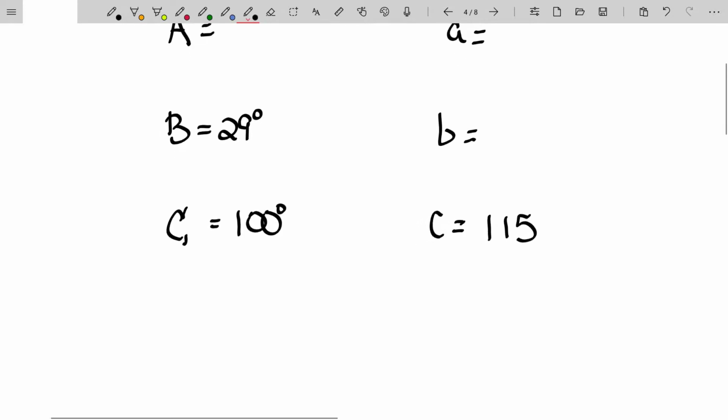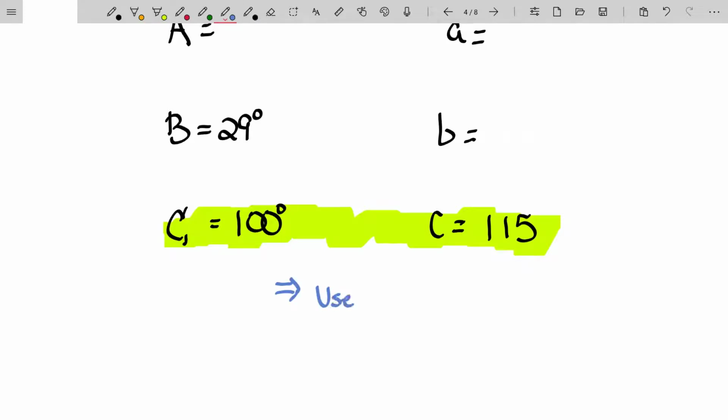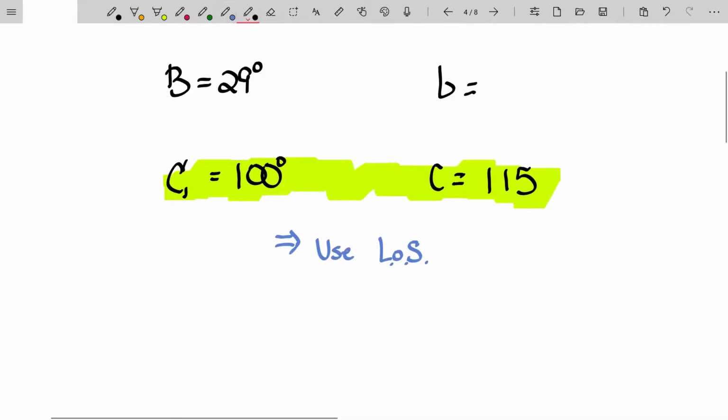Now let's take a look at what we have here. We see that we were given a full row, which tells us law of sines, free to use. So let's go ahead and use it. I'm just going to say this implies use law of sines.